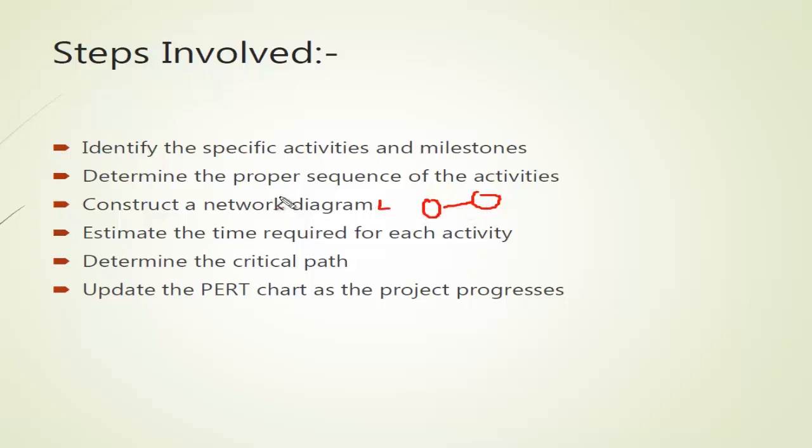If we know that, we can construct a network diagram. Then we estimate the time required because we have probabilistic time here. So we will calculate the estimated time for each activity using the formula. We will see that. Then after that, we determine the critical path and we update the PERT chart as the project progresses, right?